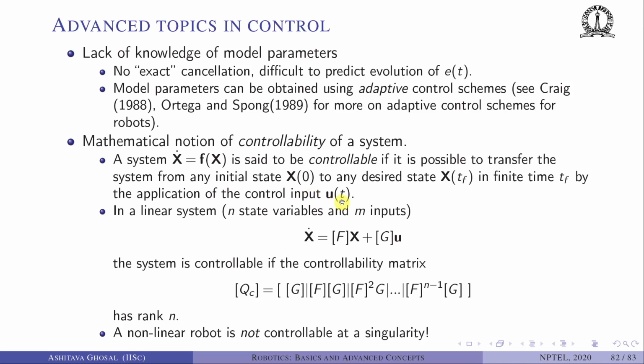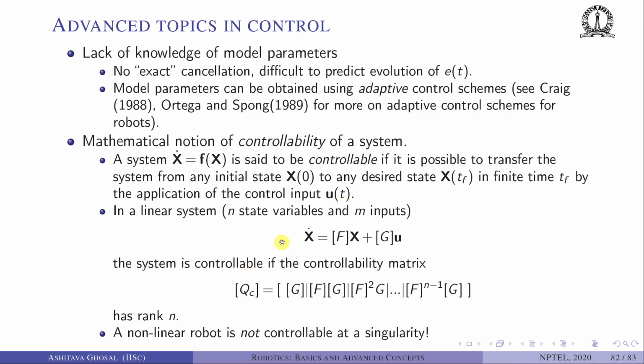So I have given you some mathematical system. How do I know I can take this system from a given initial state to a final desired state by applying torques or the external input?